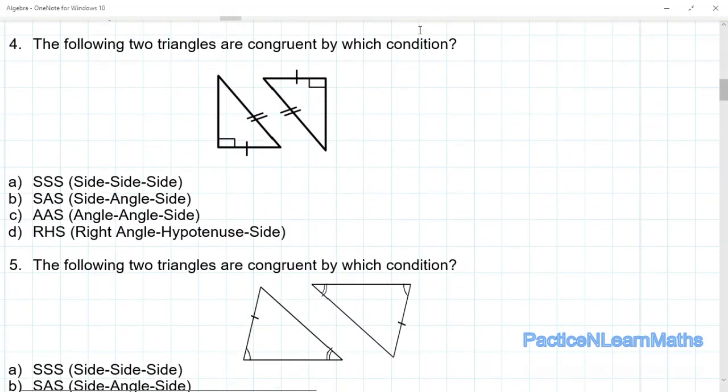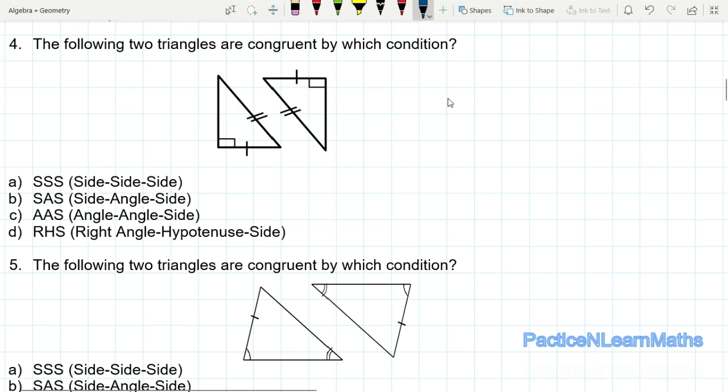Question number 4. The following two triangles are congruent by which condition? You see the two sides, the hypotenuse, they are equal. The other side is also equal. And these are right angle triangles. So you see these two are right angle triangles.